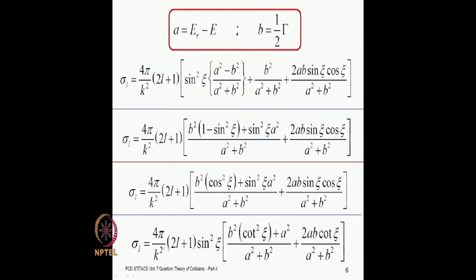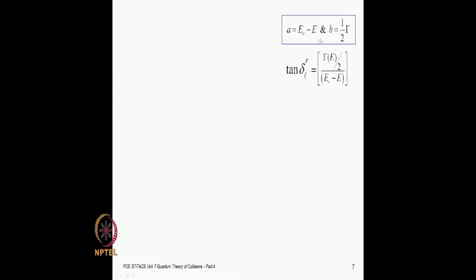So this expression for the Lth partial wave cross section is very much the same as we got in the previous class, except that it has been rewritten in terms of these auxiliary parameters a and b, which are respectively just the energy difference from the resonance energy and the half width of the resonance. Okay, so they are rewritten in terms of a and b. So these are like intermediate auxiliary parameters. So here we have the a and b.